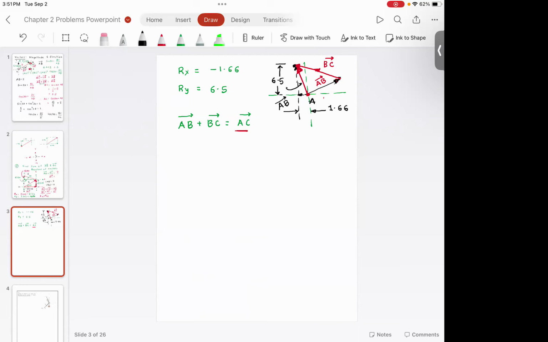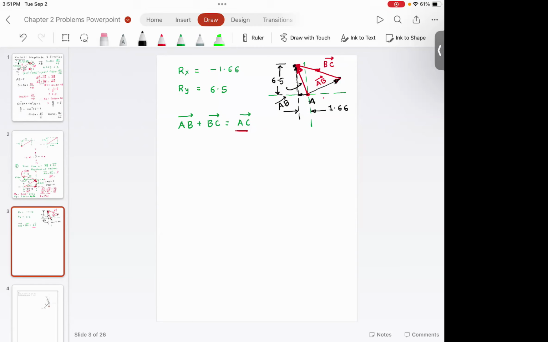Now, the question is extremely important. You cannot add Rx and Ry. Why can't you add Rx and Ry? Because Rx is in the horizontal plane and Ry is in the vertical plane. If I ask you what is the magnitude of vector AC, what would you do? You have to look at the triangle which is shown over here. Can you see this triangle?